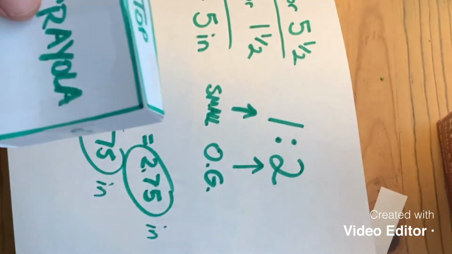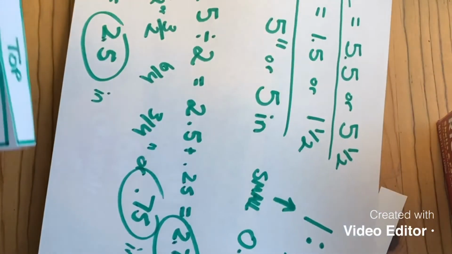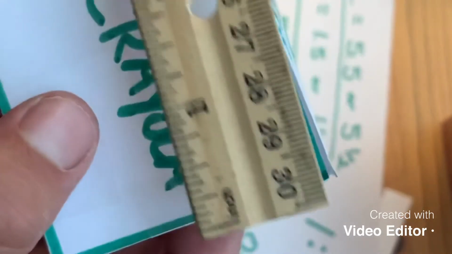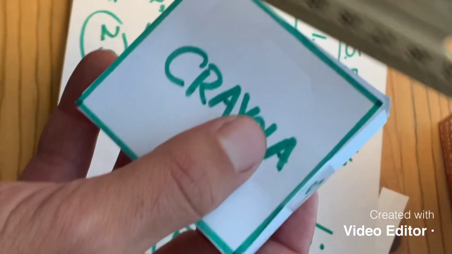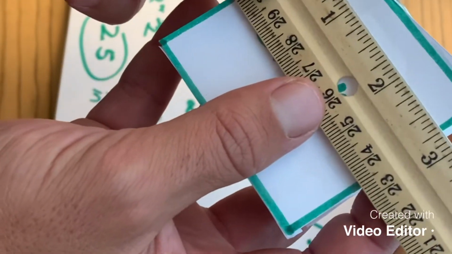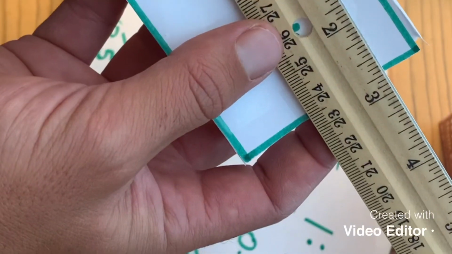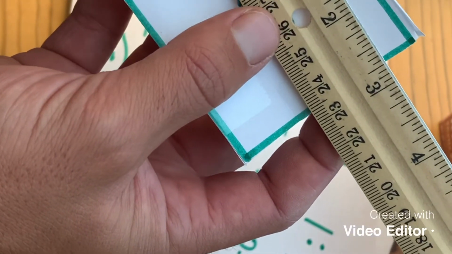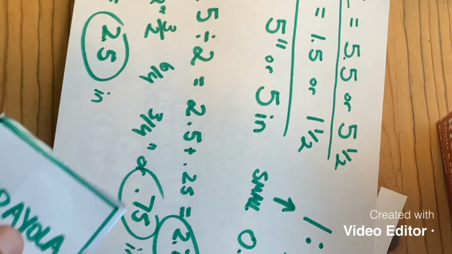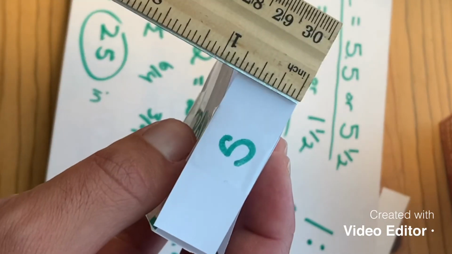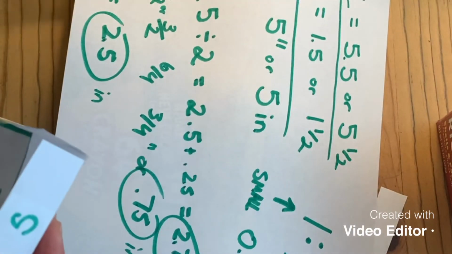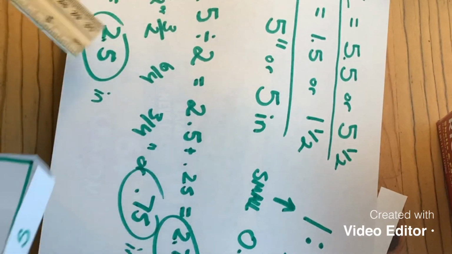So if you notice, I should have a length of 2.75, good, a width of 3/4 of an inch, and a height of 2.5.